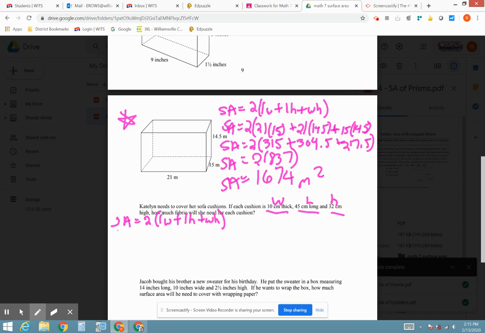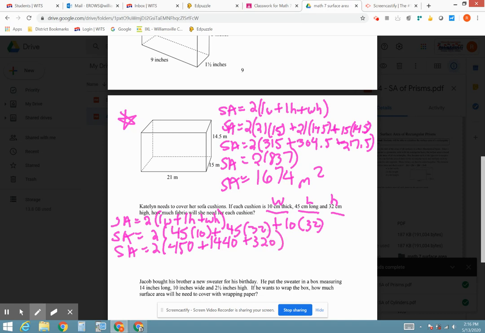Finish it up and then check your work and your answer. And then multiply by 2.